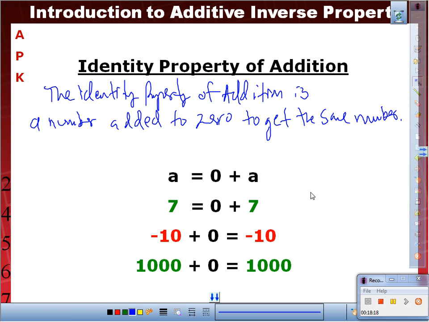Let me read it again. The identity property of addition is a number added to 0 to get the same number. Hands if you agree with that definition? Yeah, that's pretty much it.